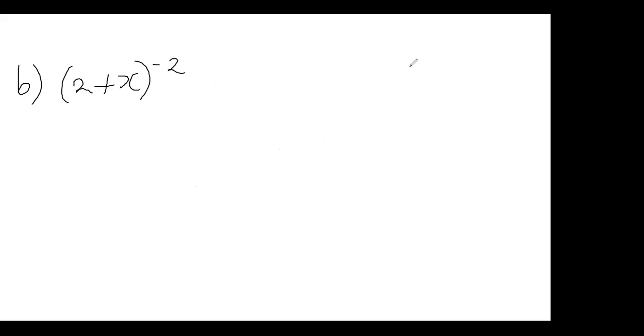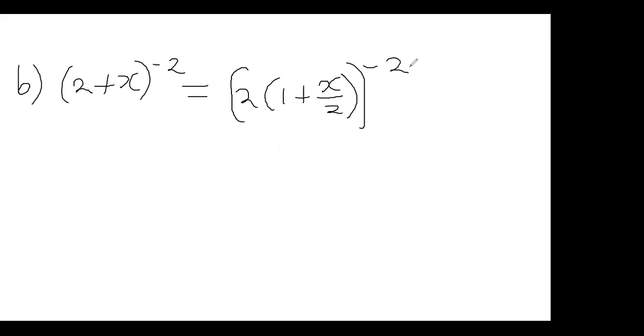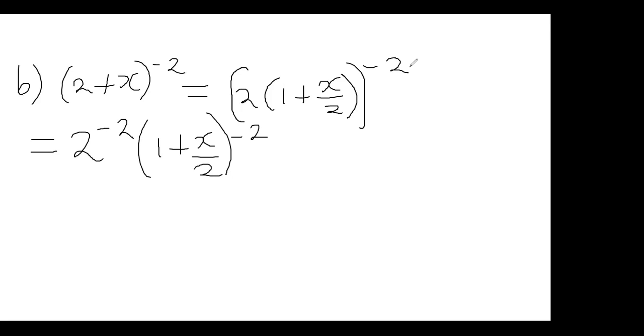So here, this can now be written as 2(1 + x/2), then to the power -2. And then we can distribute that power. We end up having 2^(-2) and (1 + x/2)^(-2). That's the expansion we are looking at.